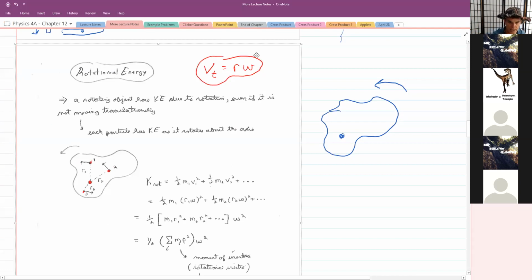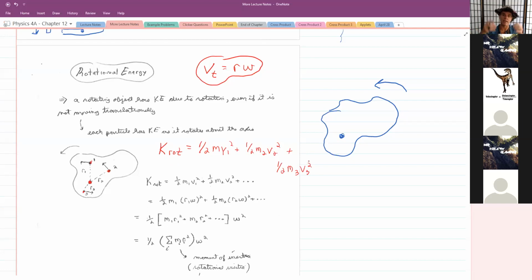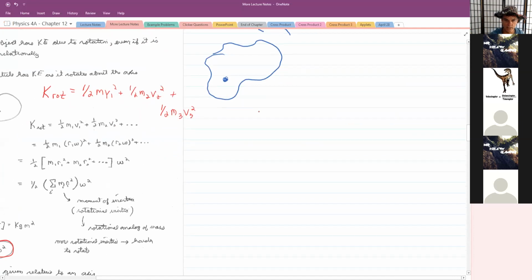So here, the kinetic energy of this object, and I'm calling it the rotational kinetic energy, is the sum of the kinetic energies of all the little particles that make up the object. So let's write 3 of them, plus 1/2 m3 v3 squared. In reality, this would almost be an infinite sum, which we would actually end up integrating. But right now, we're looking at it as a collection of a bunch of particles that are all moving as this thing rotates.